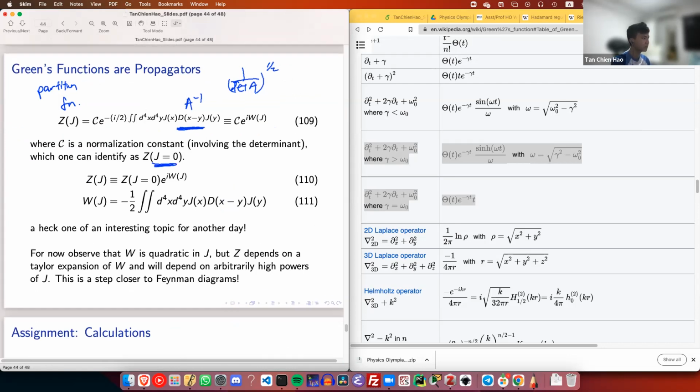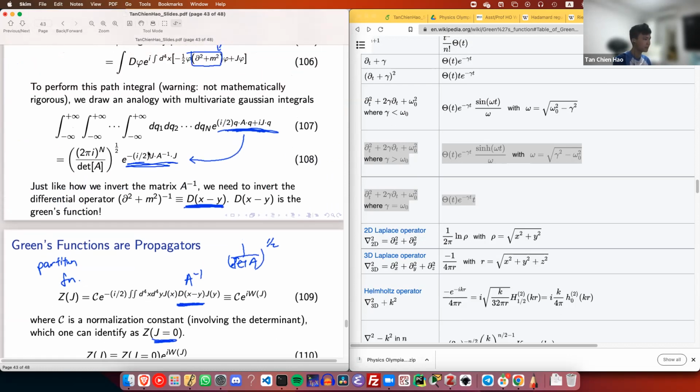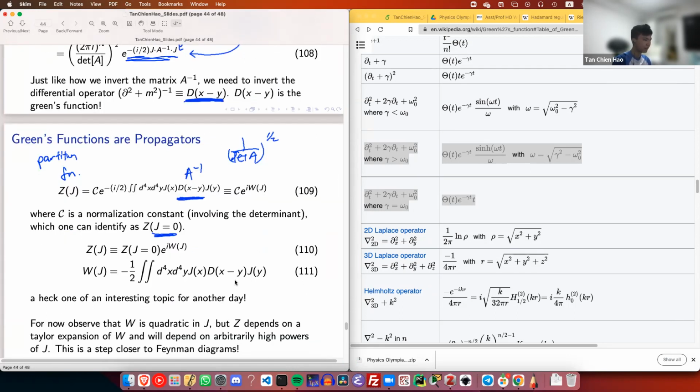If we substitute J equals 0 into here, then the path integral is just this. So if we move this to the other side, Z of J over Z of J equals 0, this might look familiar.